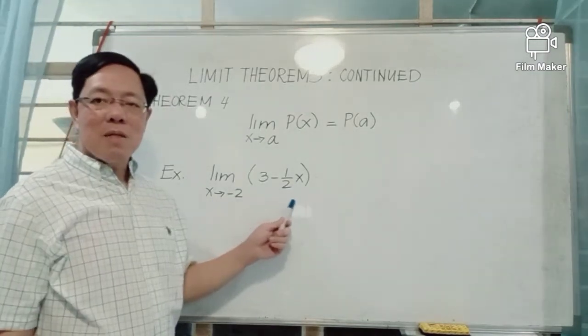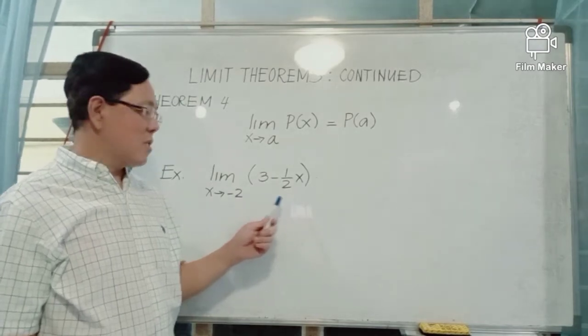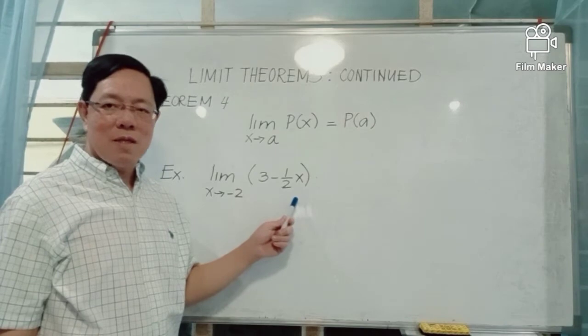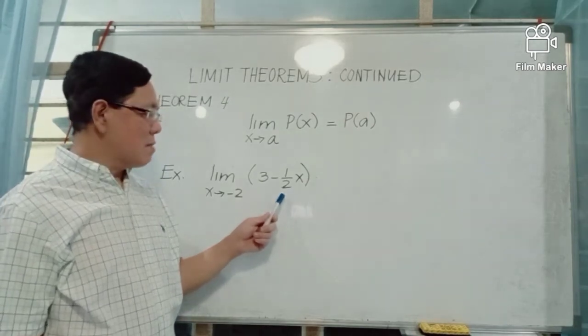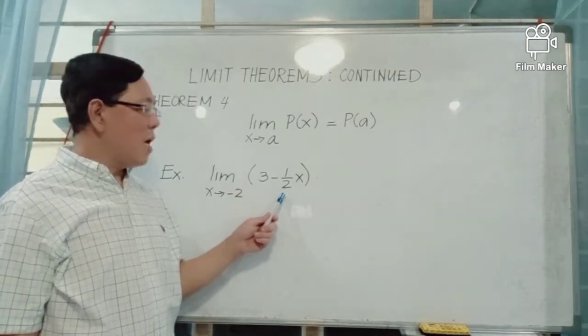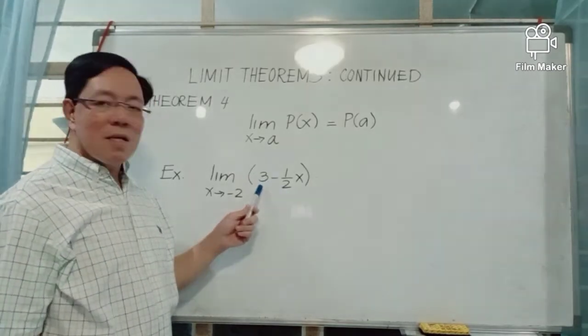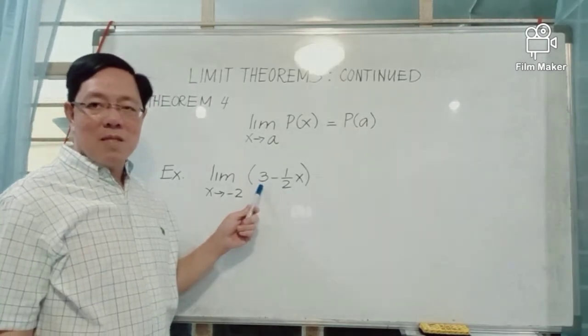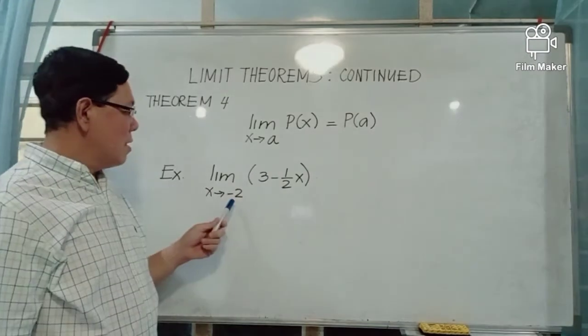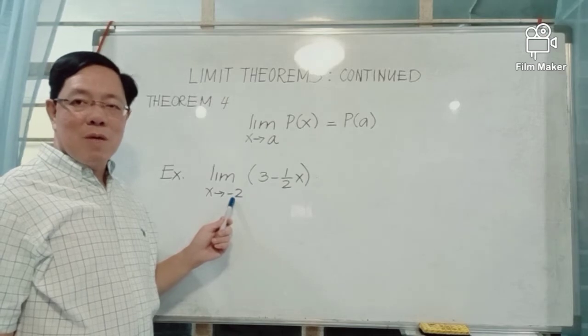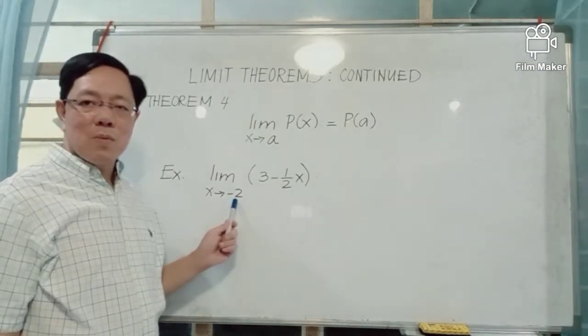In this given, the function mx plus b is the linear expression 3 minus 1/2 x, where m, the coefficient of x, is -1/2, and the constant b is a positive constant 3. In this limit also, a in the third limit theorem is now -2.